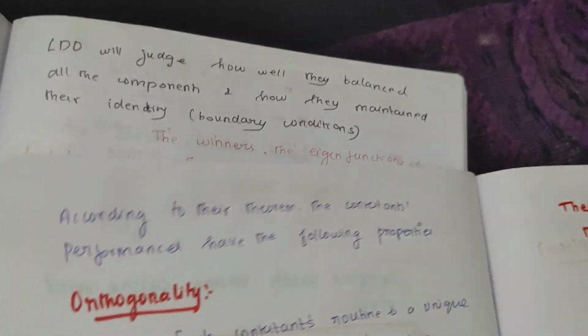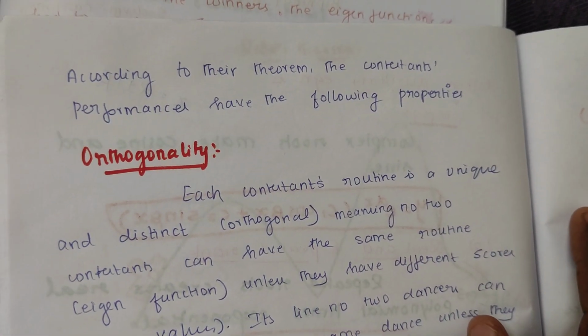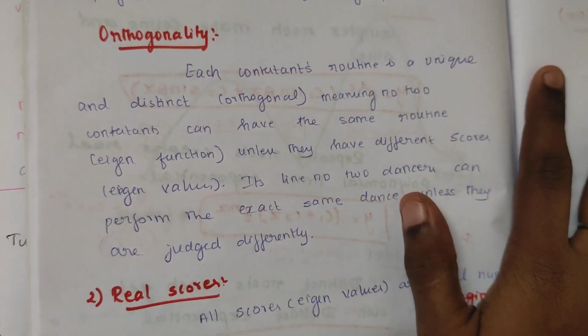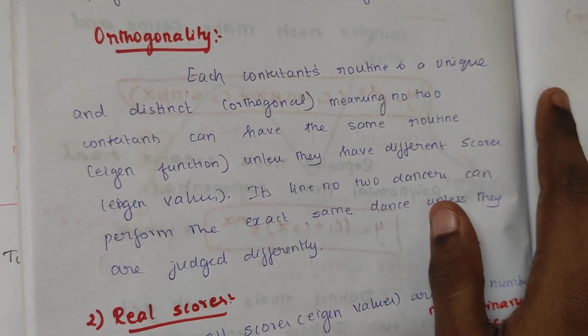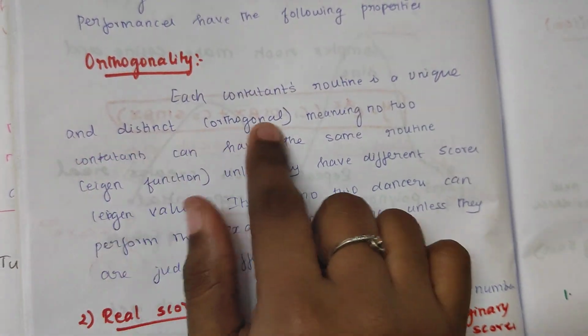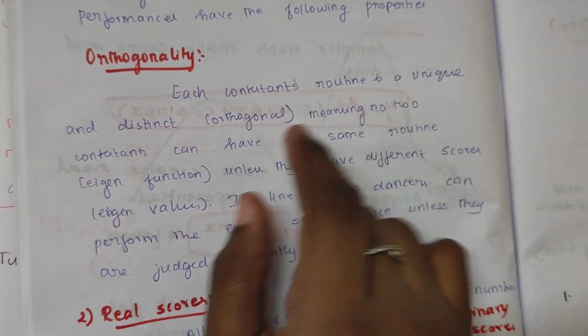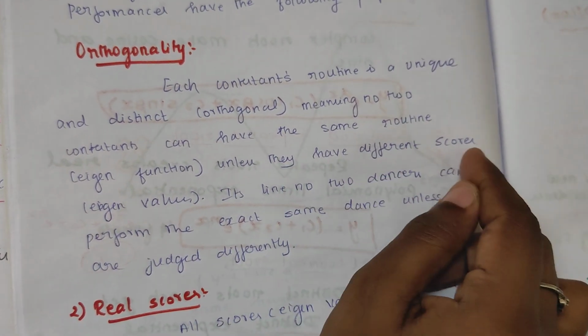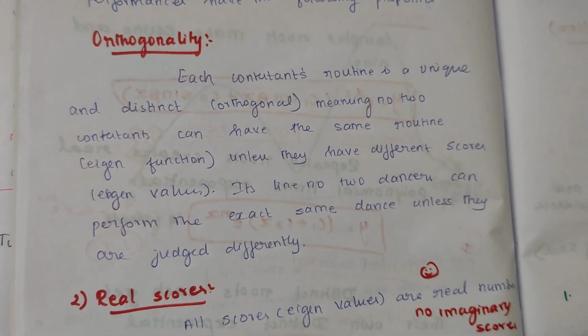According to their theorem, the contestants' performances have the following properties. If you are a contestant, you have to have the following properties. Each contestant's routine is unique and distinct, orthogonal, meaning no two contestants have the same routine, eigenfunction, unless they have different scores, eigenvalues.